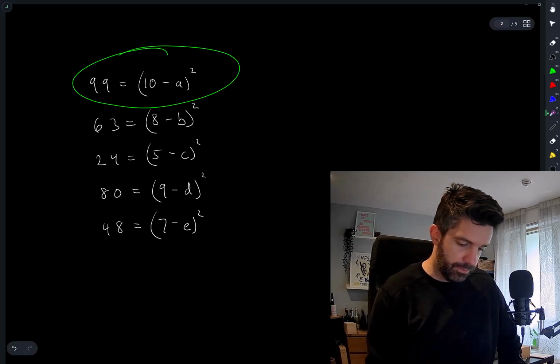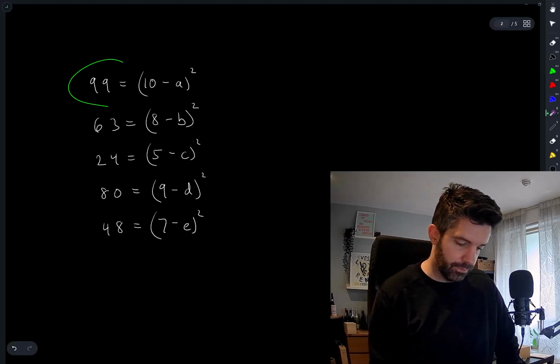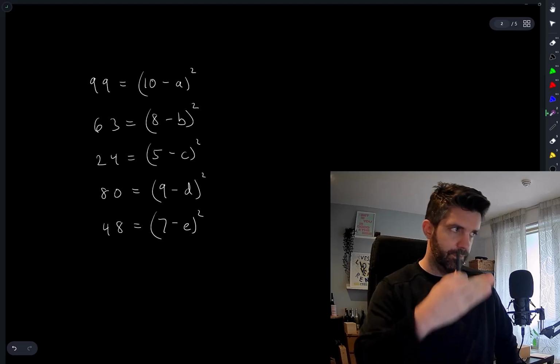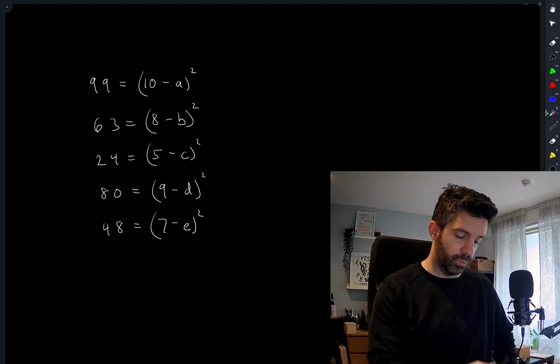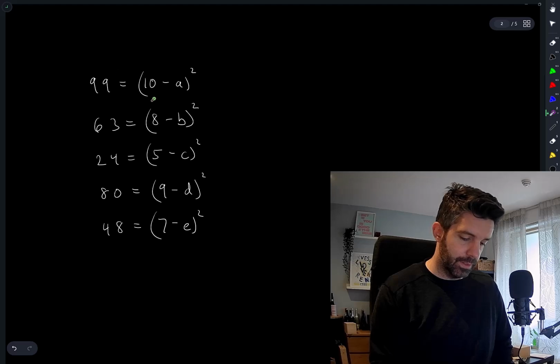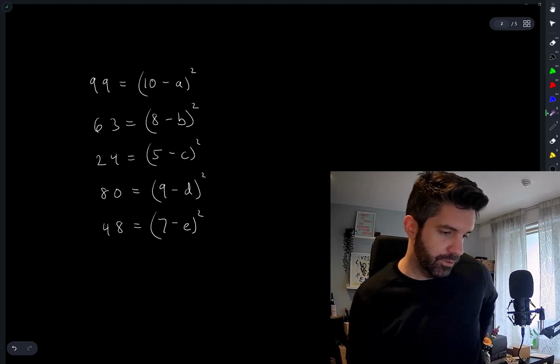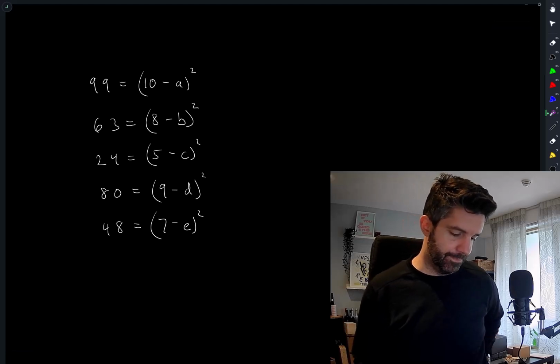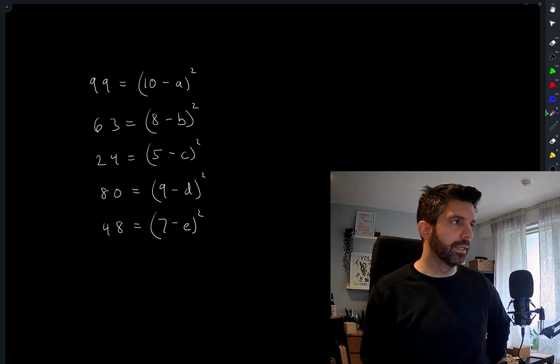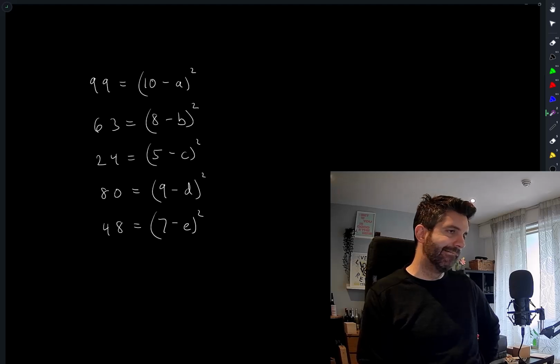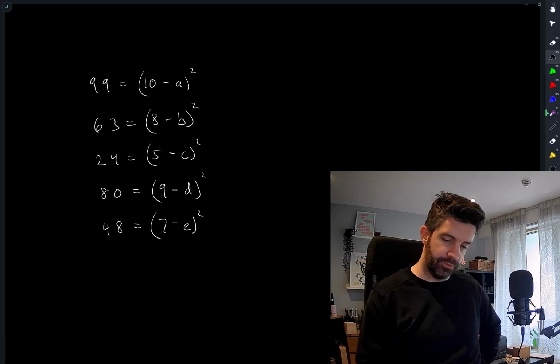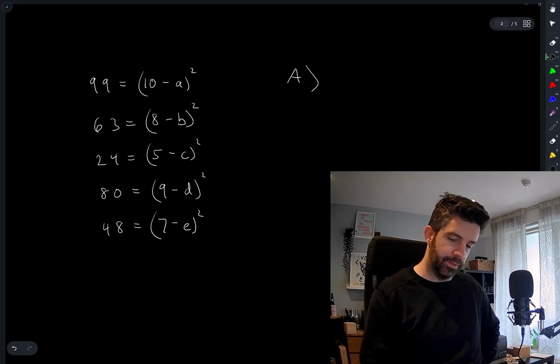And that's going to be the case for the larger this number is, the less we have to take off to make that true. The answer here is going to be A. This is the smallest one.